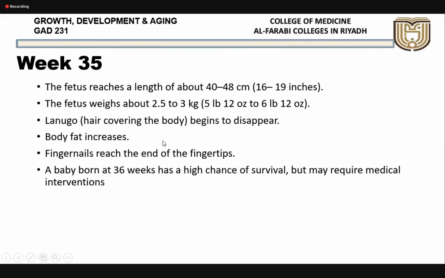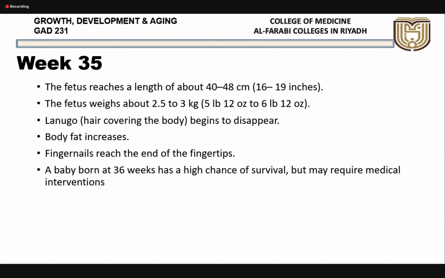The lungs have also grown to this stage, and now the fetus can survive if it delivers early, that is by the 36th week or so, before the completion of full pregnancy.